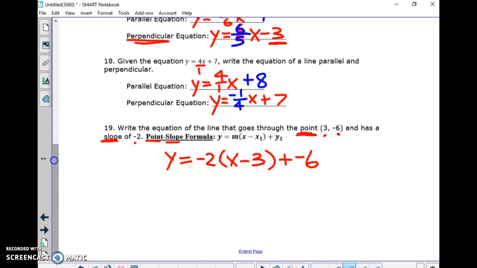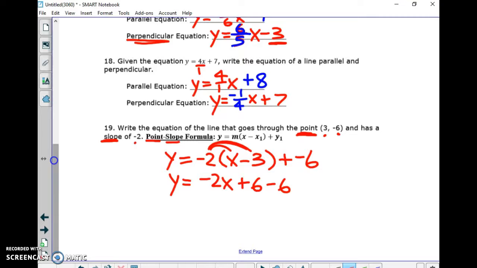Remember, we must distribute the negative 2, so negative 2 times x is negative 2x, negative 2 times negative 3 is positive 6. Bring down y equals, and bring down plus negative 6, which means minus 6.